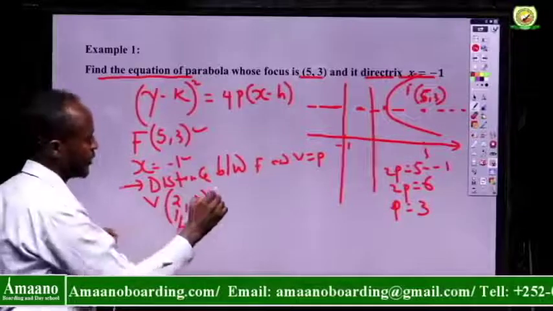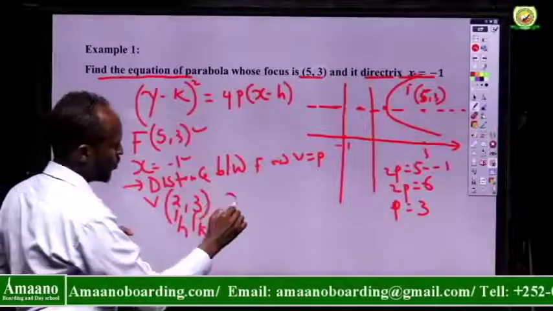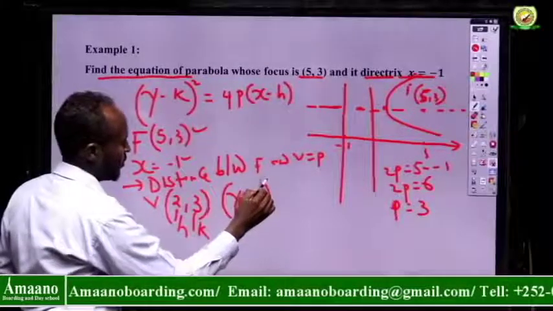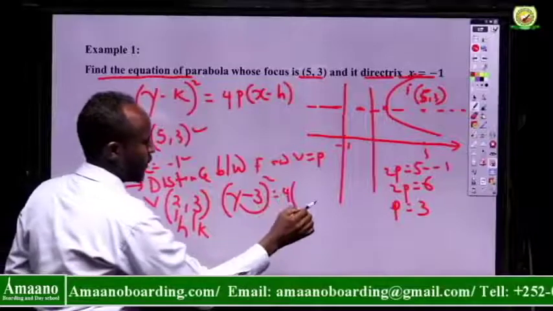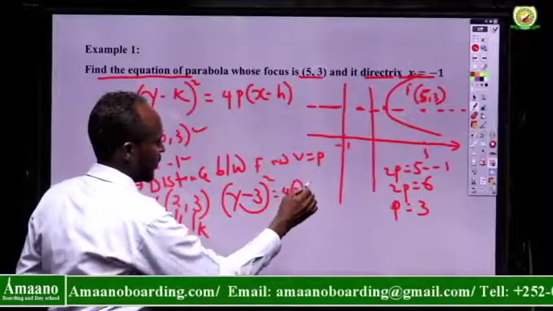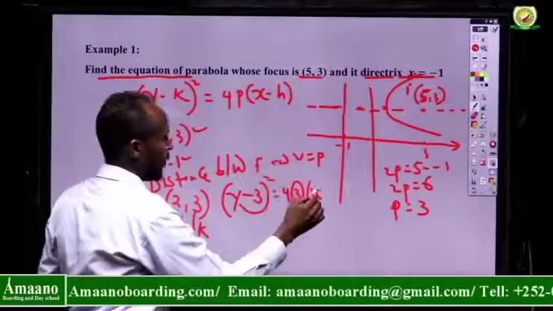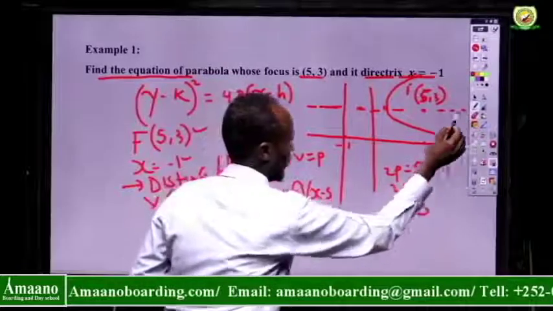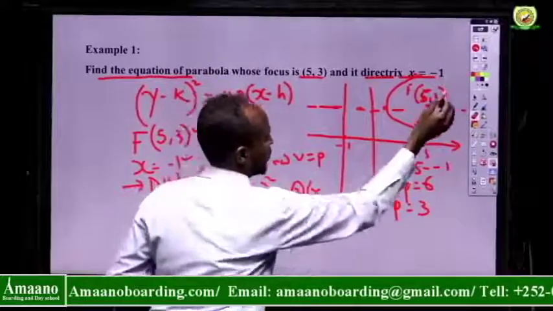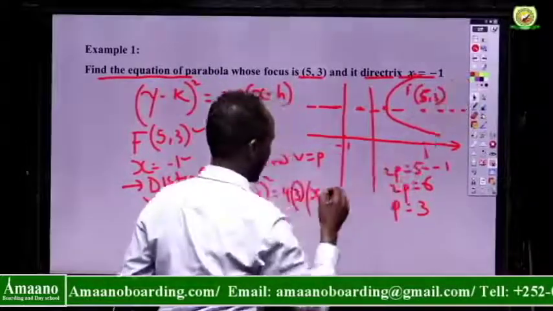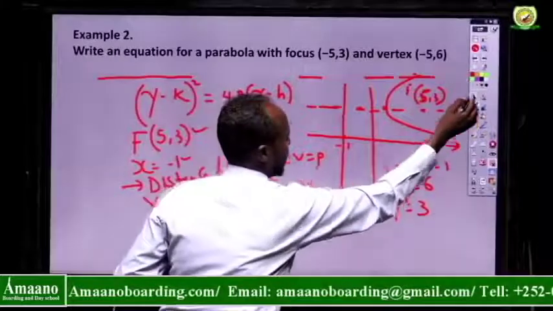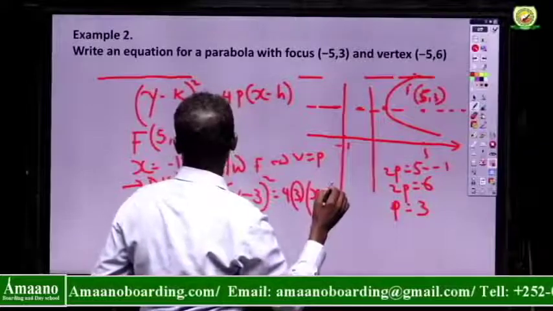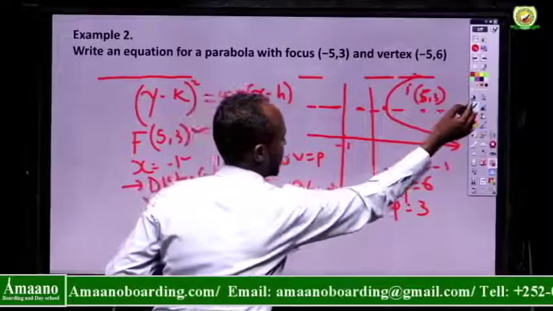Therefore, for the equation, we will substitute k is 3, squared, and the value of p is 3, and the value of h is 2. Sorry, the value of h is 2. The value of p is 3.